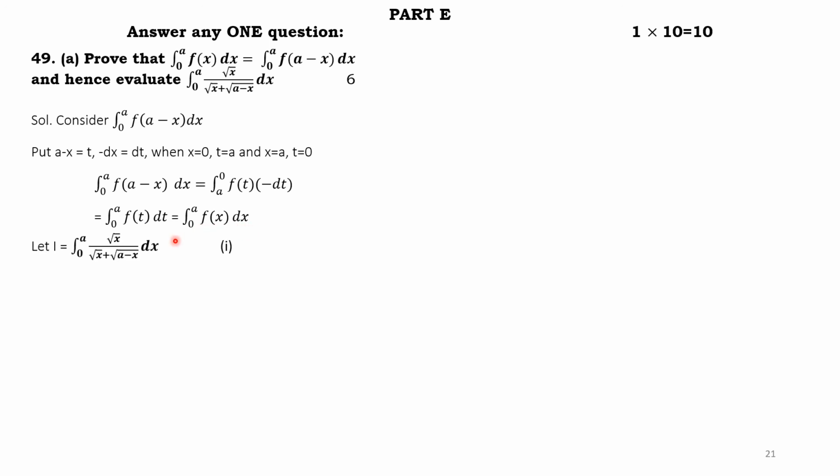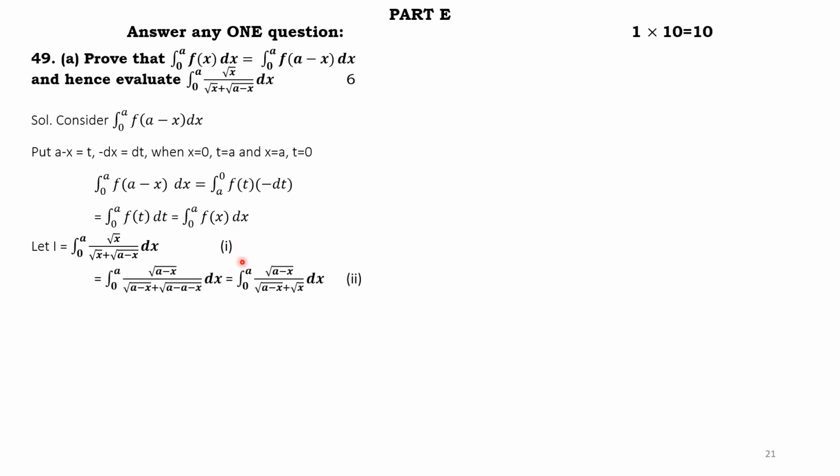Let I is equal to integral 0 to a of root x divided by root x plus root of a minus x dx. That is the given equation here. Let it be equation 1.